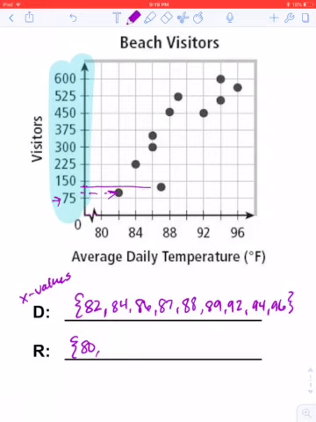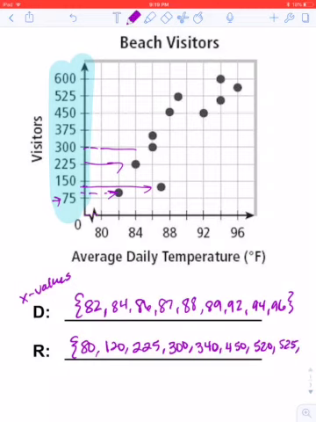Got a point right here. Maybe that's 120. 225. I'm just going to keep trekking up here. Running out of room. There we go. A lot of numbers there.